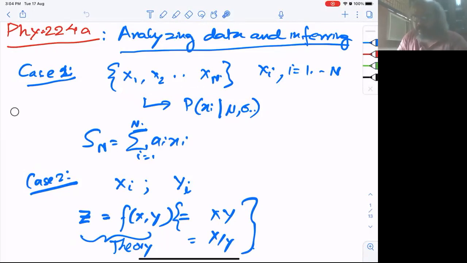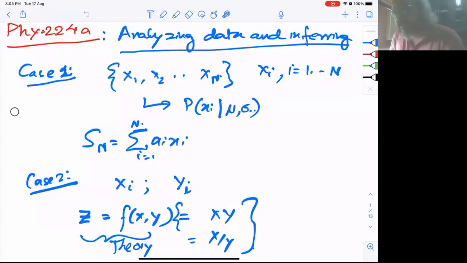Suppose each of these data points is taken in very similar situations, from an instrument where there is a fluctuation in the data, as we were talking about last time. The data might all be drawn from a distribution, for example a Gaussian with mean mu and standard deviation sigma.